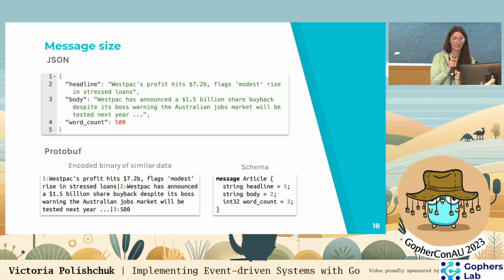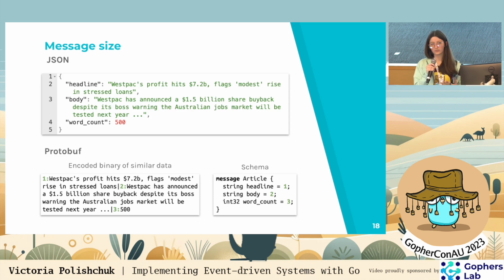Message size. When we use middleware, they often put restrictions on how large a message can be. So I already mentioned that we use Kafka, and in Kafka, the size limit is 1 megabyte.